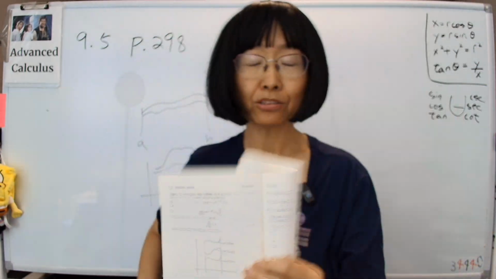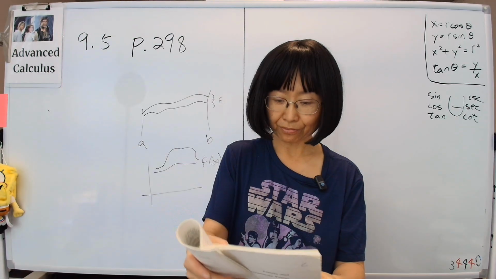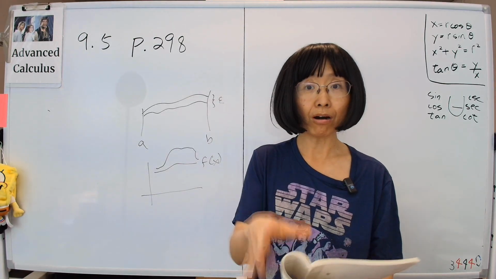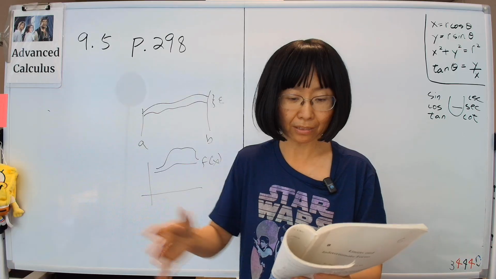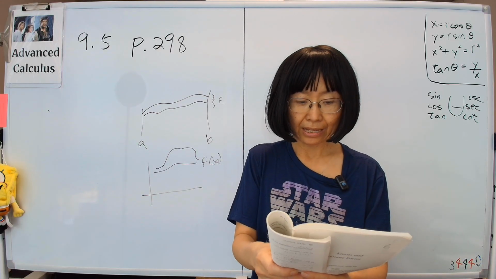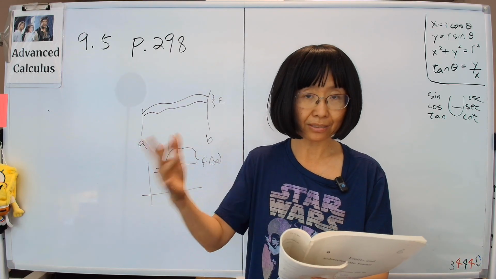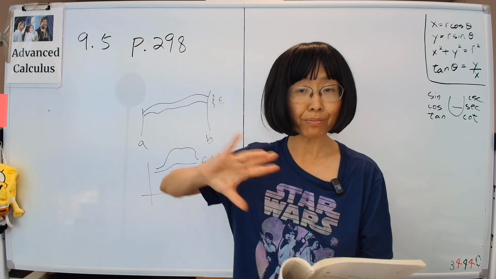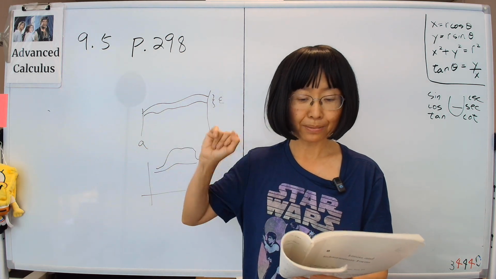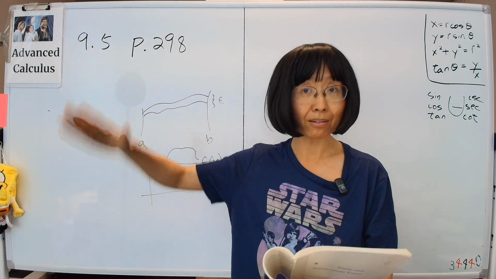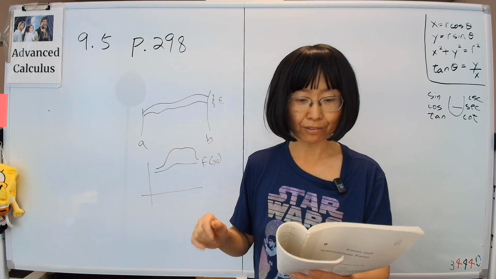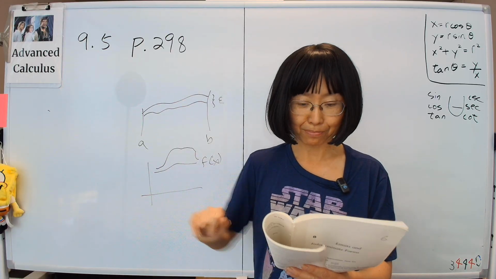Well, at least it's supposed to be if it is uniformly convergent. Given epsilon, there's a set number m such that every partial sum past m has to be locked in within that range of f of x plus epsilon and f of x minus epsilon.